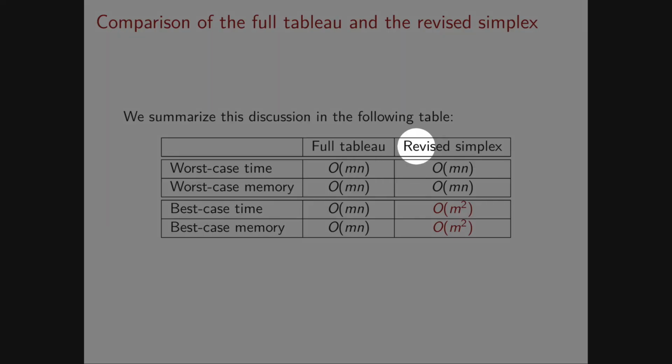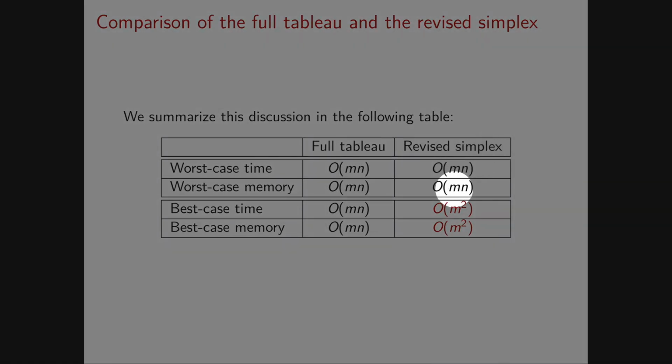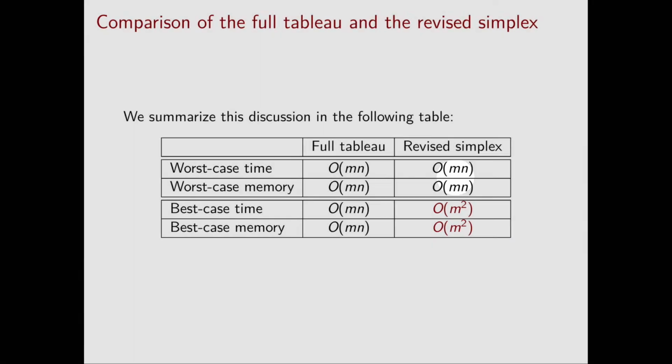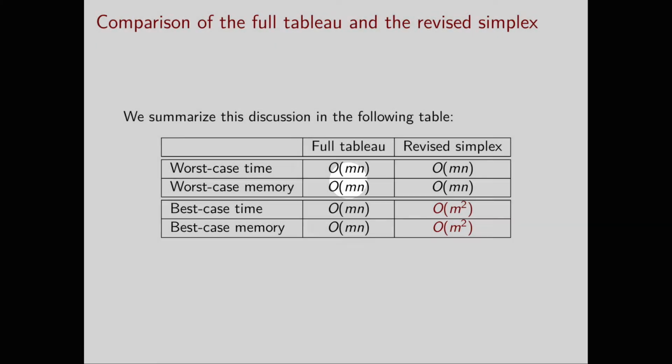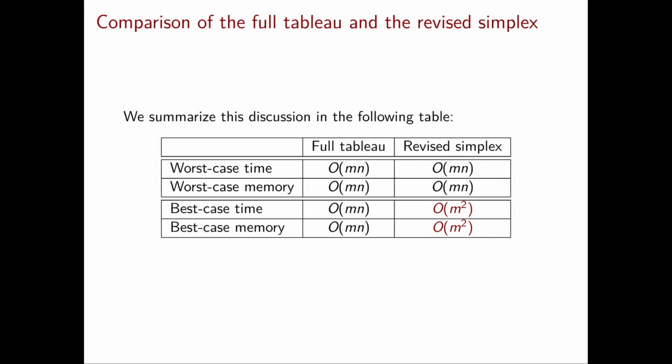On the other hand, for the revised simplex, in the worst case, both time and memory are big O of mn, matching the full tableau. However, in the best case, for the revised simplex, both time and memory decrease to big O of m square.